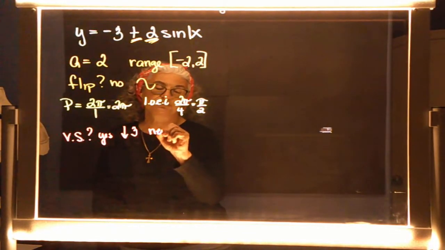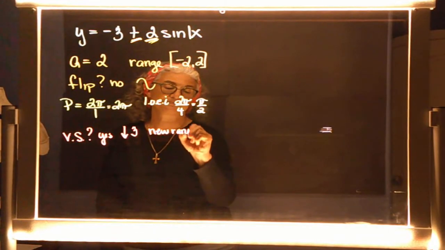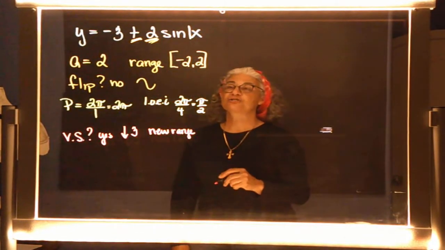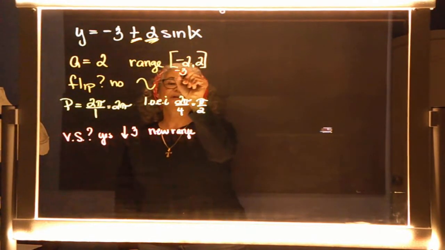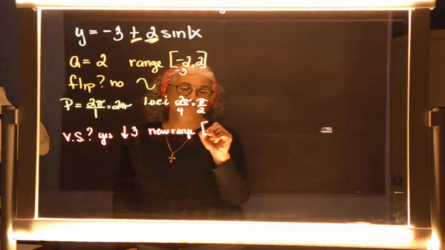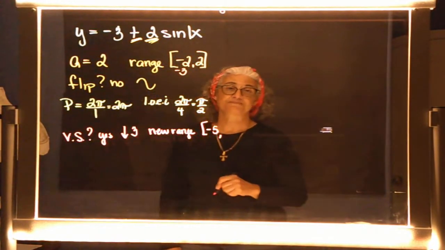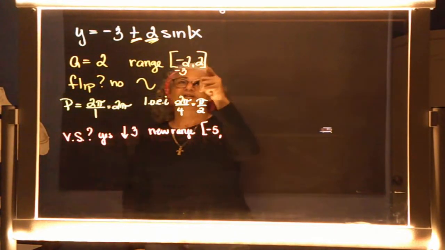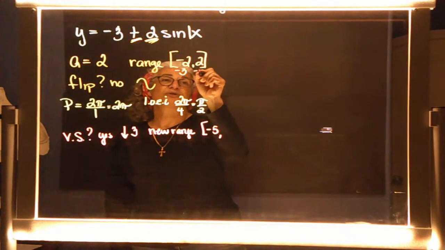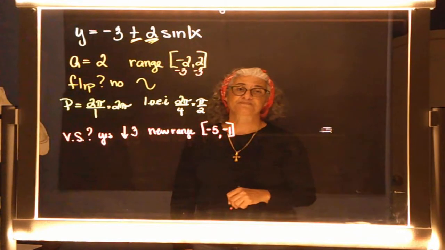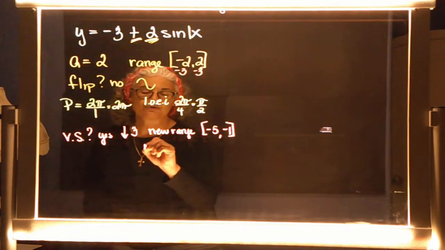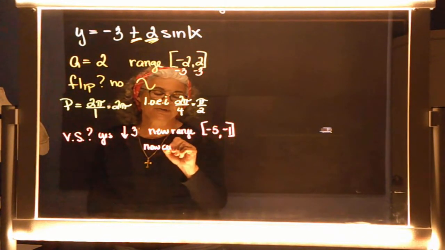Good, that tells us a new range. So my original range started at -2. Well, if it goes down 3, that means my new range is going to start at -5, isn't it? The old range ended at 2, but if you go down 3, that means it ends at -1, doesn't it? Okay, the new center line. Remember, there's a new center line.